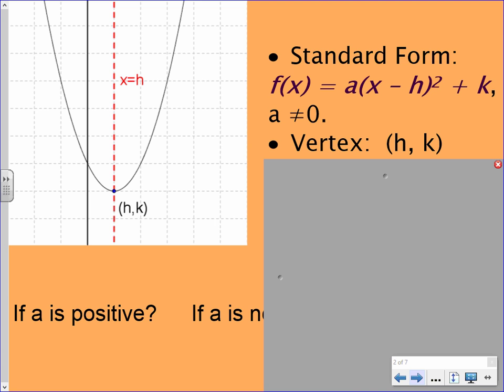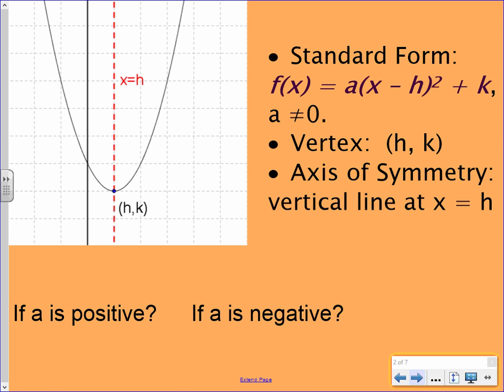Also, I have this dotted line up here that's going through the vertex. What do we call that? The axis of symmetry. The axis of symmetry will always be the vertical line going through the vertex.